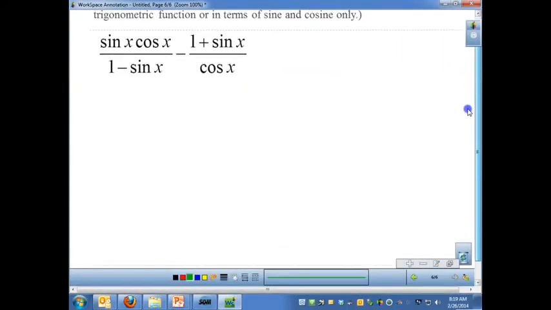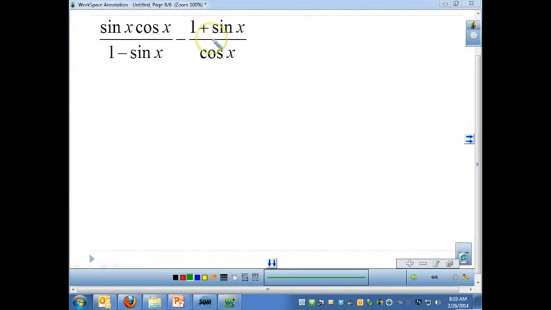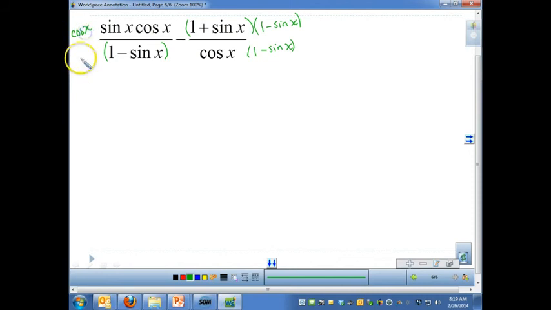All right, so thinking through this one, I can see that I have two different fractions. So the first thing I'm going to try is just to get a common denominator. Over here I have 1 minus the sine of x, and over here I have cosine of x. So I would have to multiply over here by 1 minus sine of x, both numerator and denominator, remember. And then for this fraction, I would have to multiply by the cosine of x.